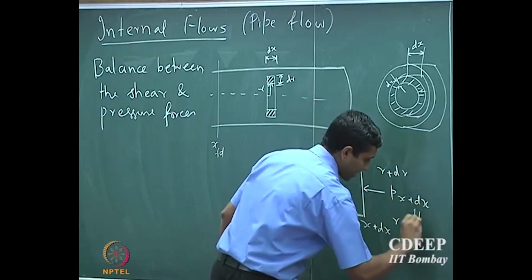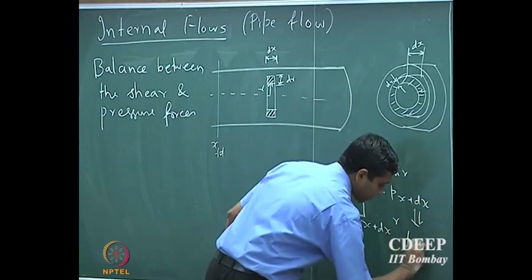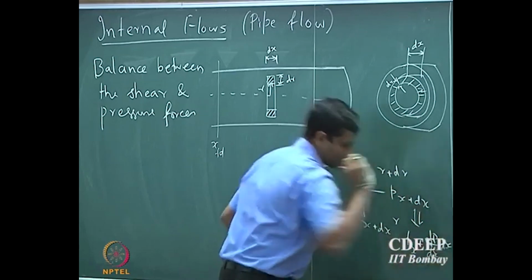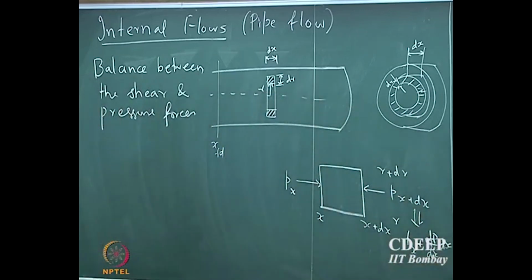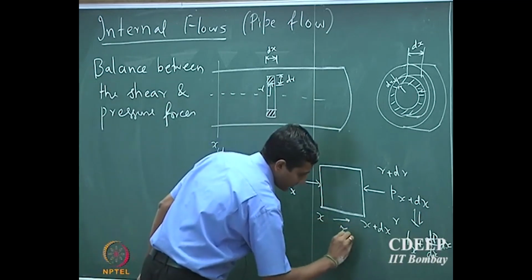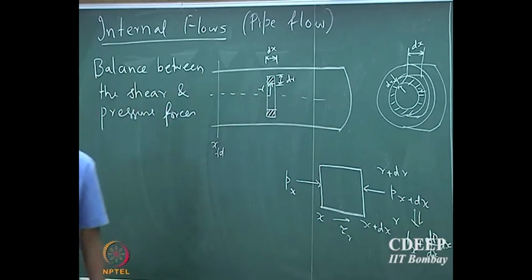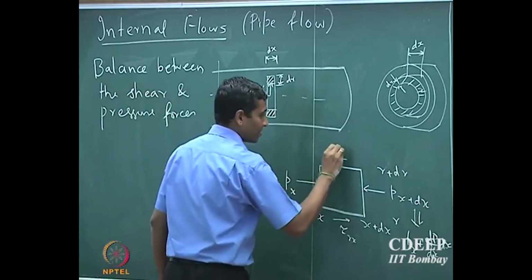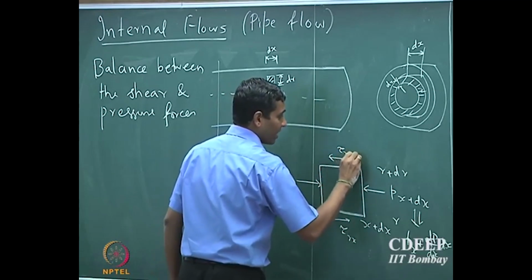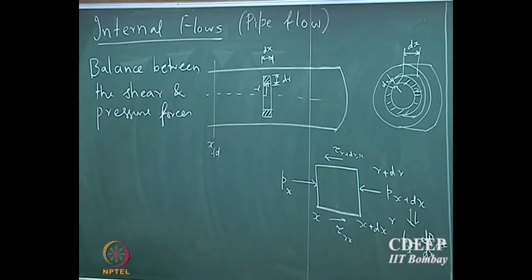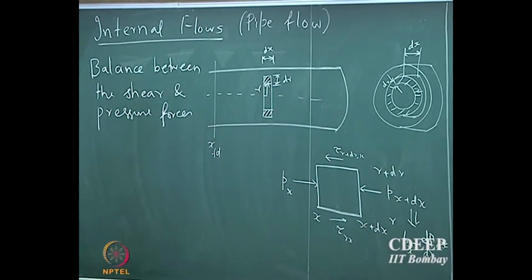I can write this as P of x plus dP by dx into dx using Taylor series expansion, and the shear stress acting is tau rx, and this will be tau at r plus dr, x. So I can make a force balance now. What will be the balance?